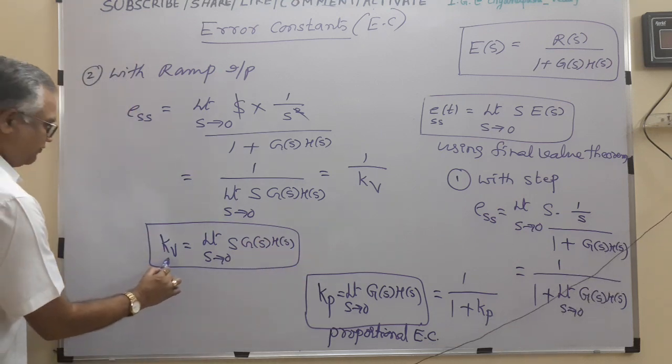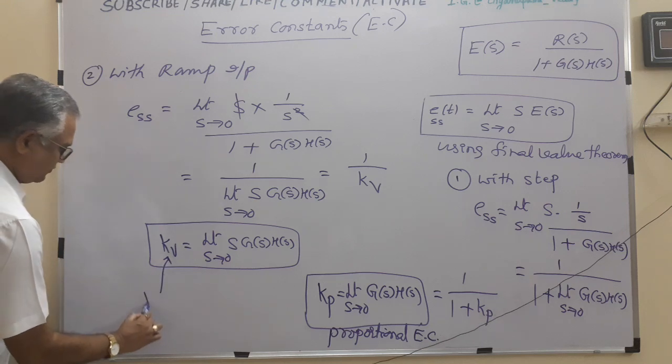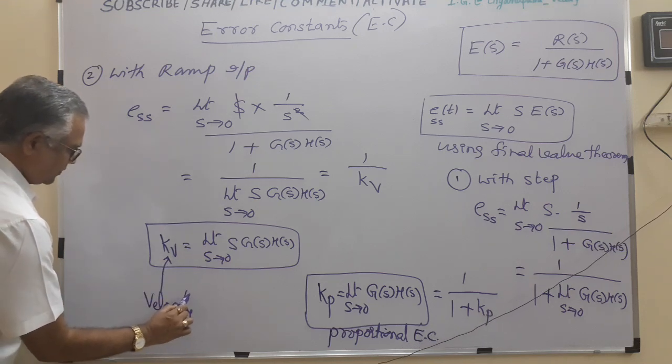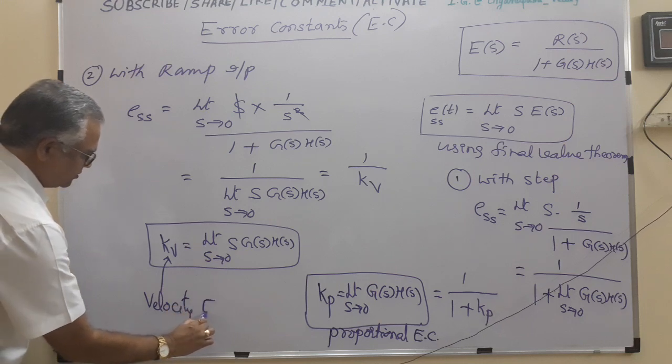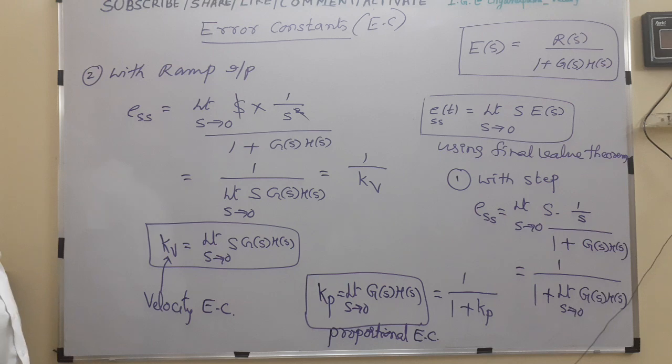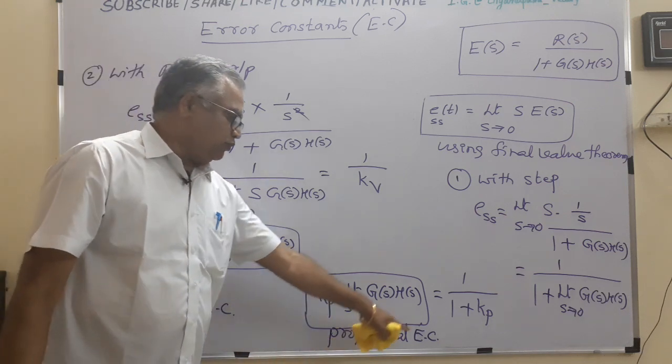What is the name of Kv? Velocity error constant. V for velocity, P for proportional.